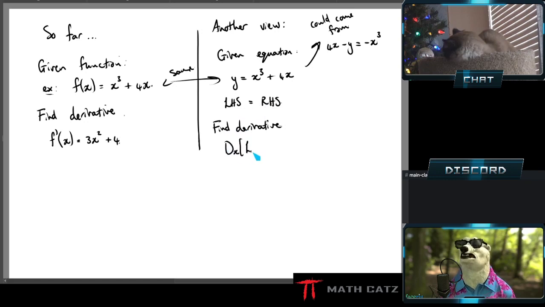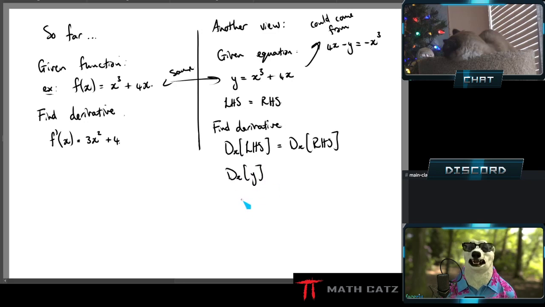So if I take the derivative of the left-hand side of the equation, it has to be the same as the derivative of the right-hand side of the equation. The same. So their properties are the same. Now the derivative of the left-hand side, I can simplify to just y, and this certainly simplifies to any notation you want, right? dy dx, or y prime, or whatever notation.